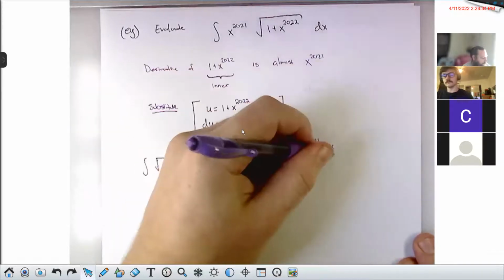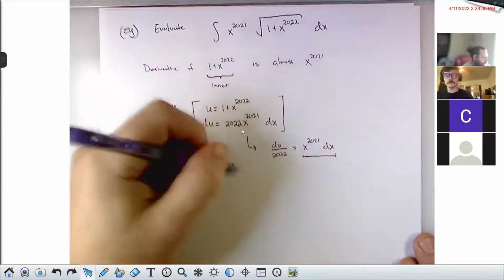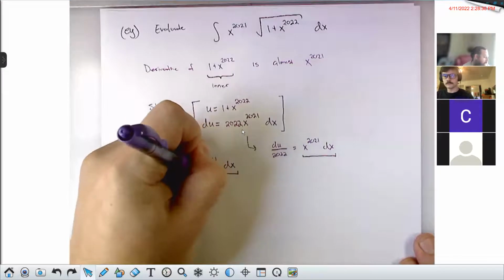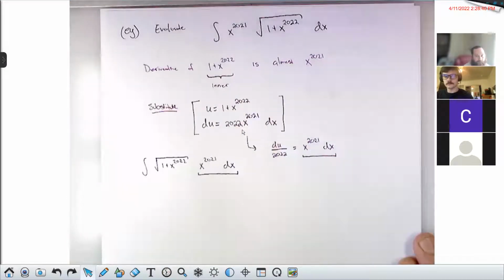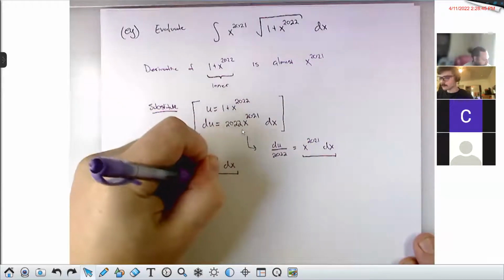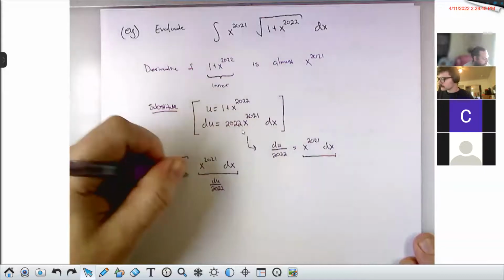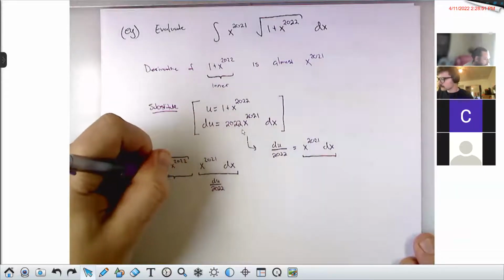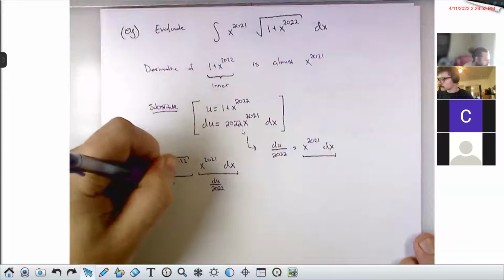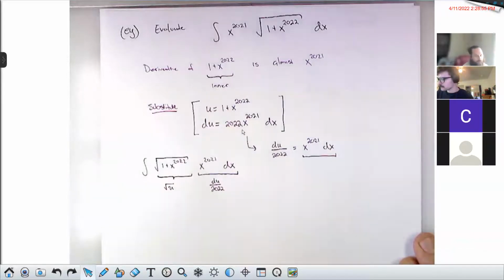And now this piece is here. So this will be my du over 2022. And this piece will just become the square root of u. So let's write outside again.